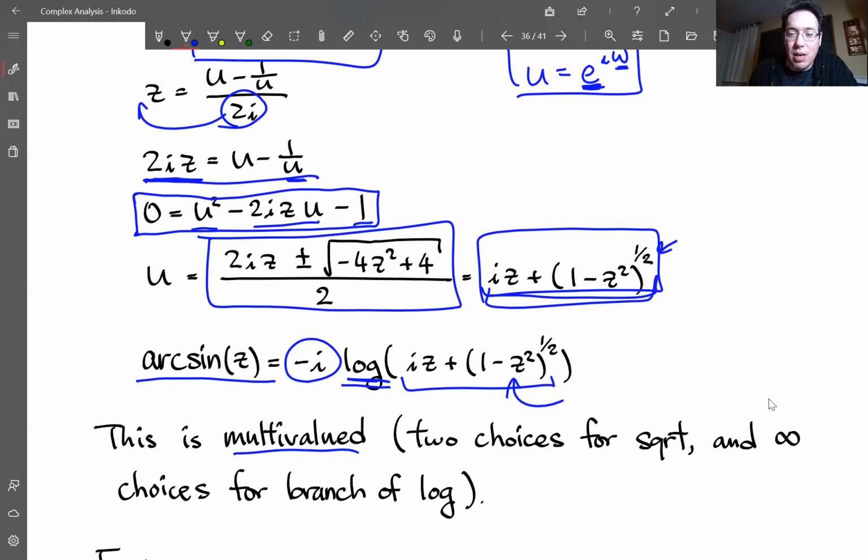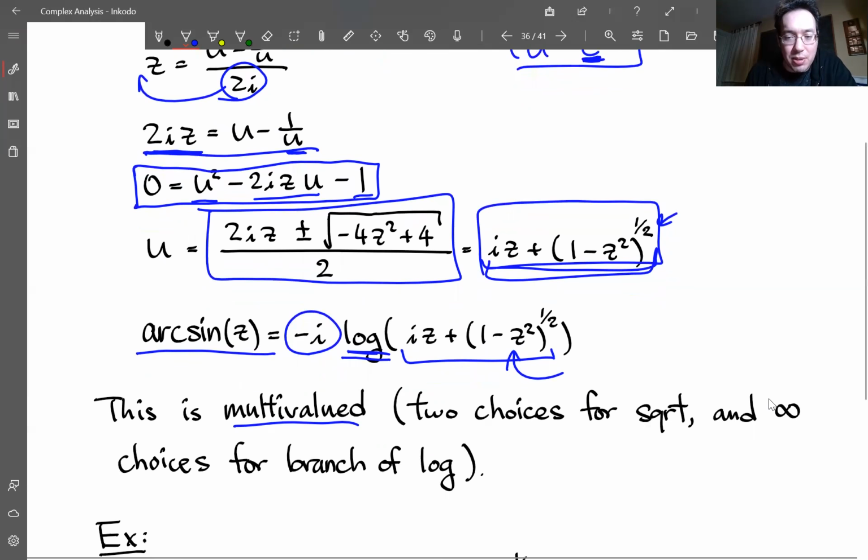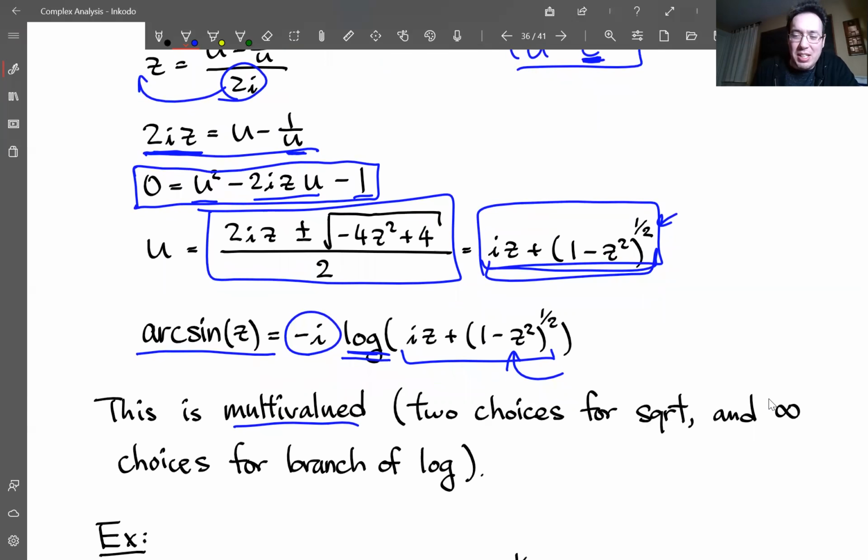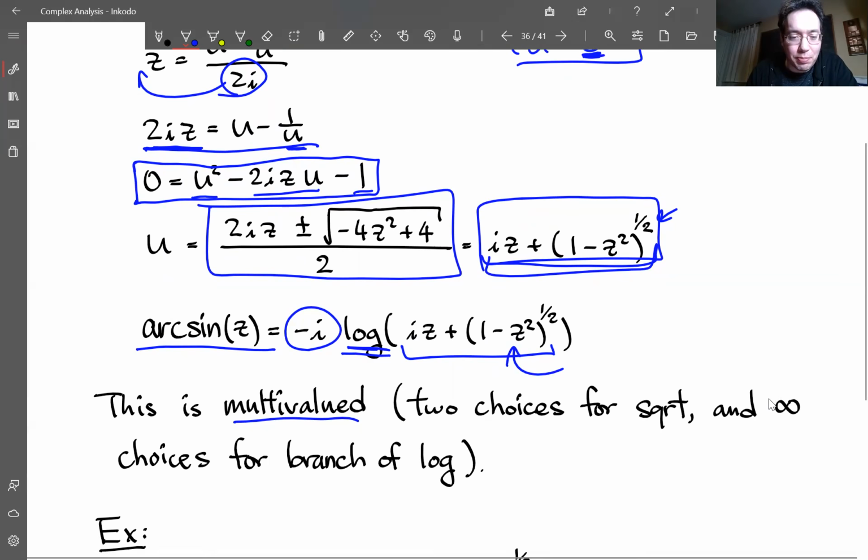So there's an answer for every 2 pi i. You'll get another solution as well. So that's a lot. Let's do an example computation just to get a hang of how to get the multiple values for this arcsine function.